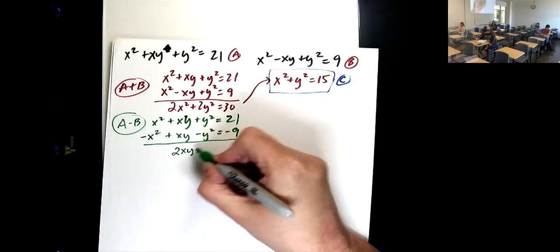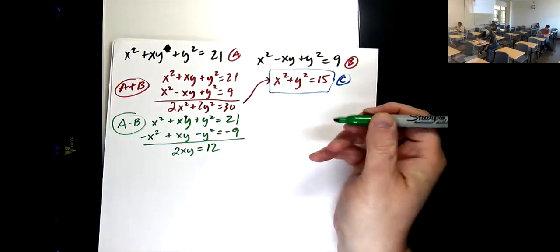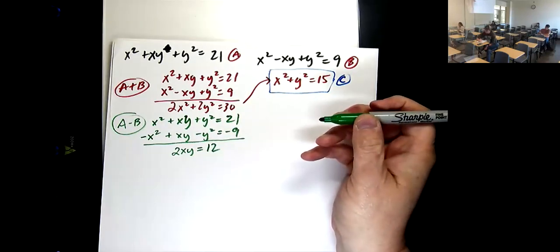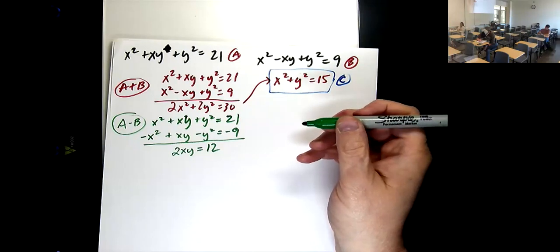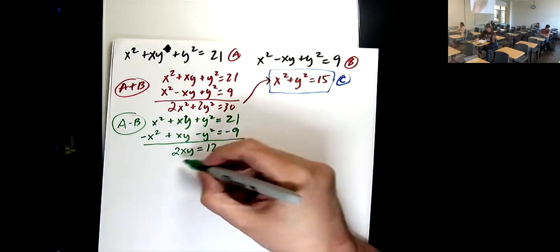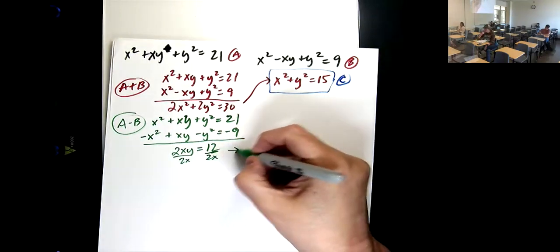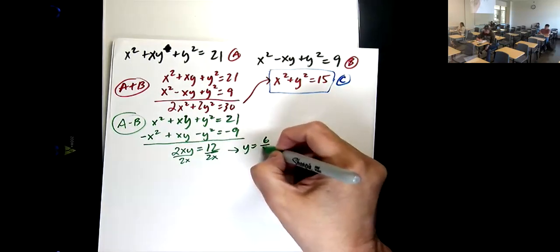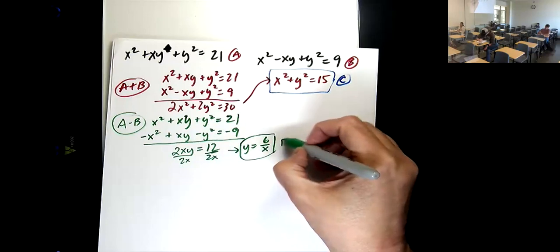Here I get 2xy equals 12. And if I divide by 2x, I get y equals 6 over x. We'll call that D.